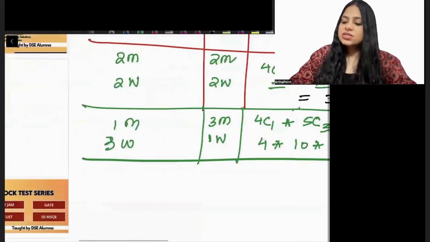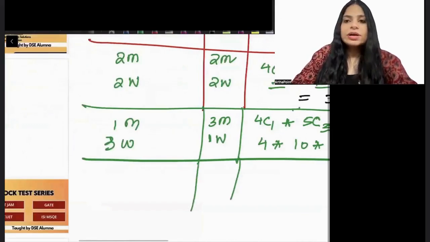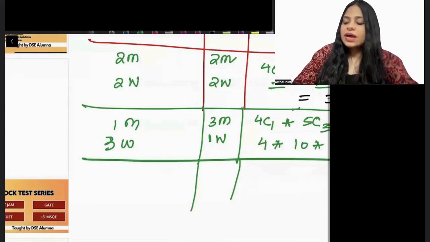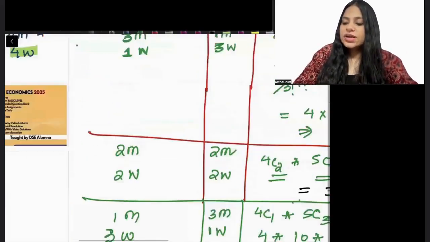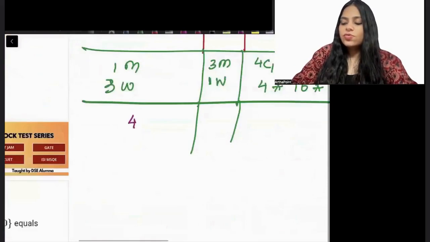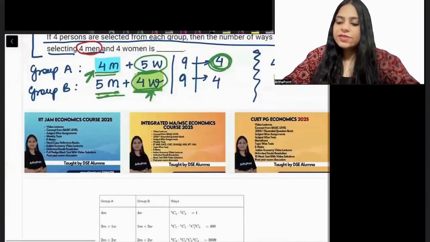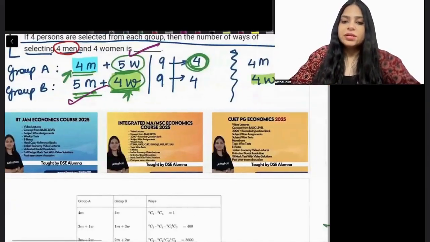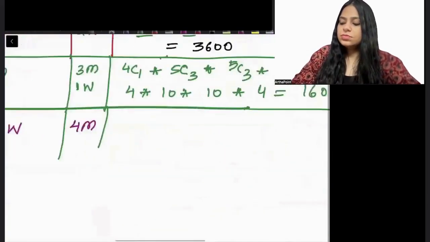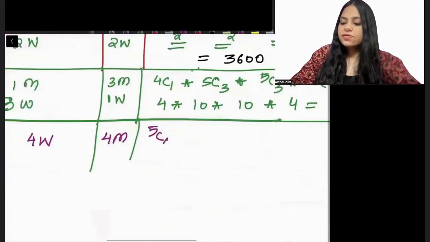Now let's take the last case here, beta. I will go with 4 women and 4 men in this group. How many women were there? 5 women here and 5 men here. So out of 5, 4, out of 5, 4.